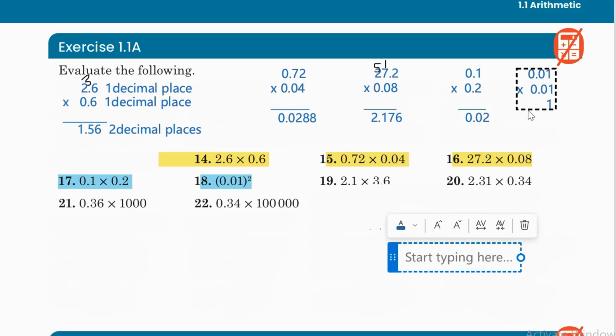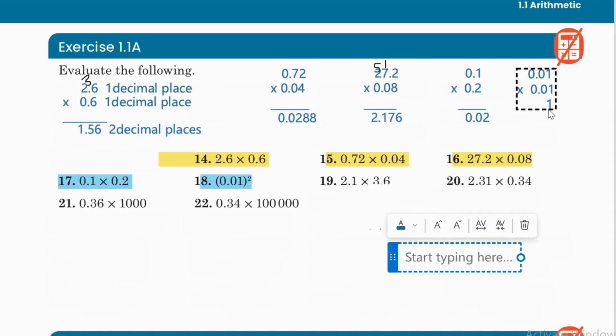Now, once we get the answer, we have to see where do we have to put the decimal in the answer. We'll count the number of decimal places. In the first one, there are 2 decimal places. In the second 0.01, there are 2 decimal places. So total 4 decimal places.